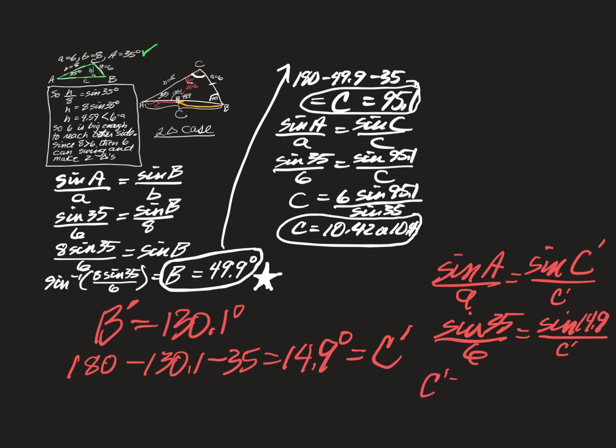And little c prime will equal 6 times the sine of 14.9 over the sine of 35.